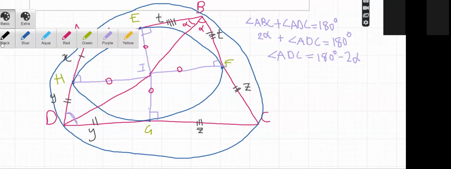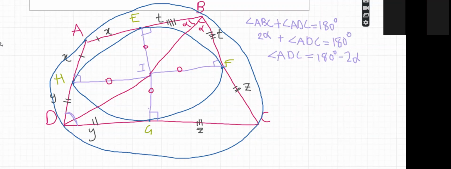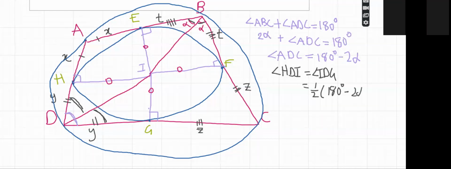And using similar reasoning to proving these two alphas are equal, we get the angle HDI is the same as the angle IDG. So HDI and IDG will each be equal to half of 180 minus 2 alpha.